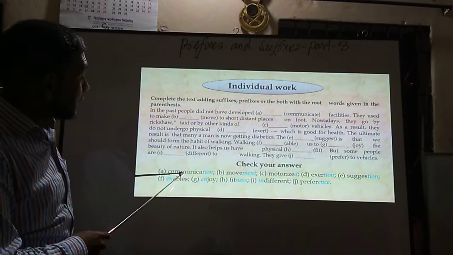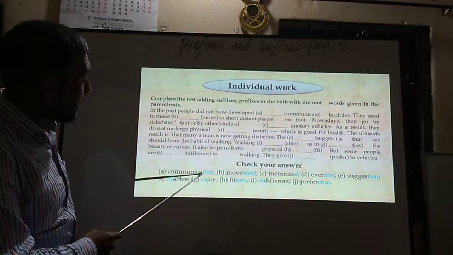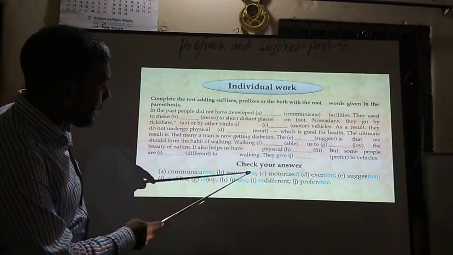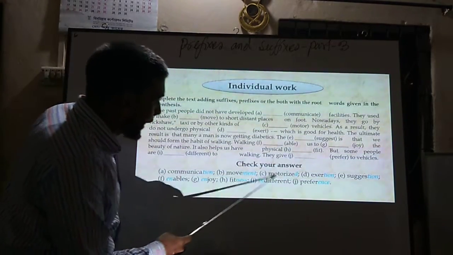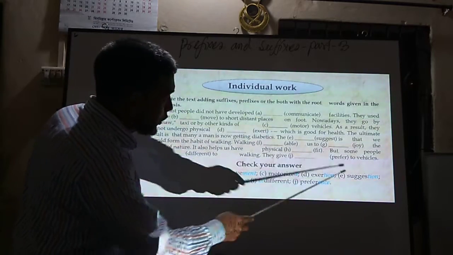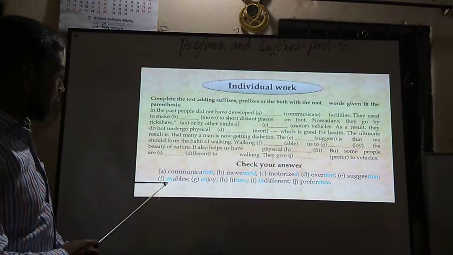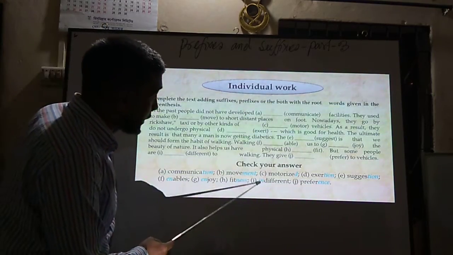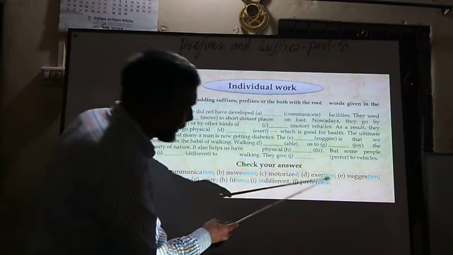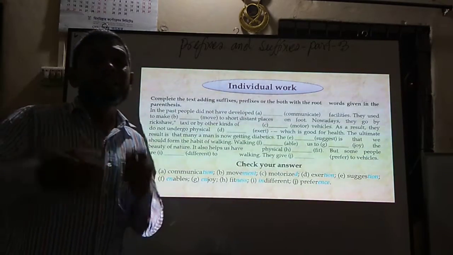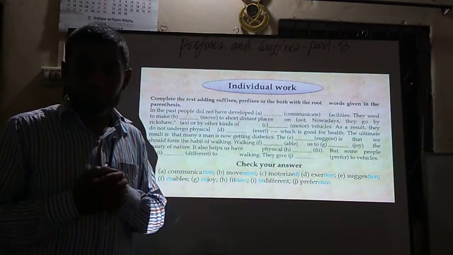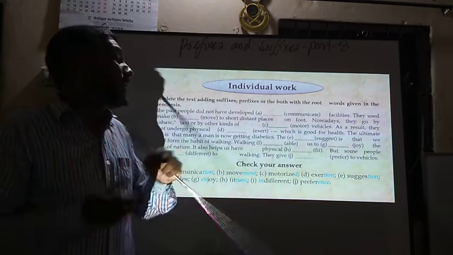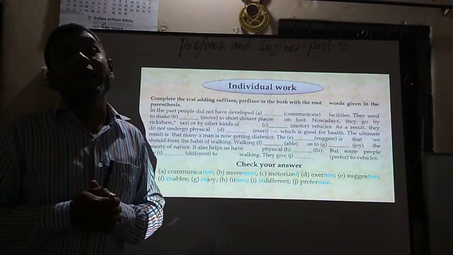Just the word, it was communicate, we have made it noun, we have made it an adjective. This was noun, this was verb, and this was a verb, this was noun, it was an opposite word we have used, and this is a noun. So in this way we can very easily do well in the context of prefixes and suffixes.